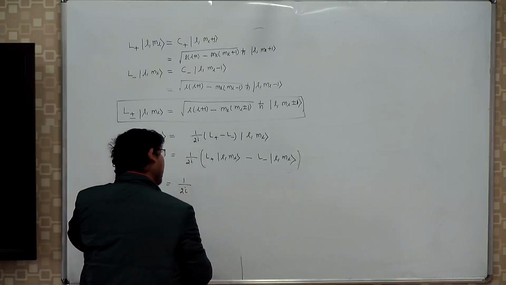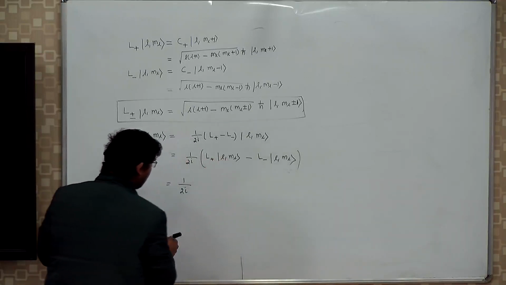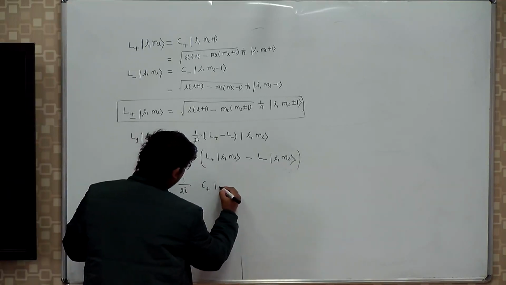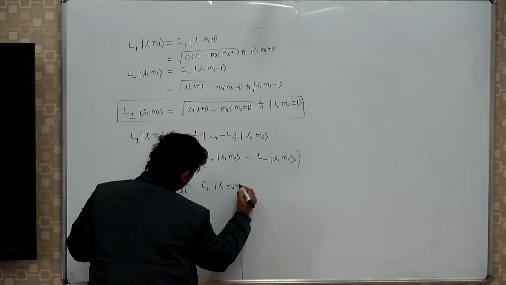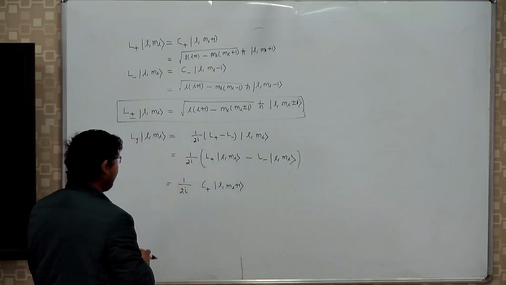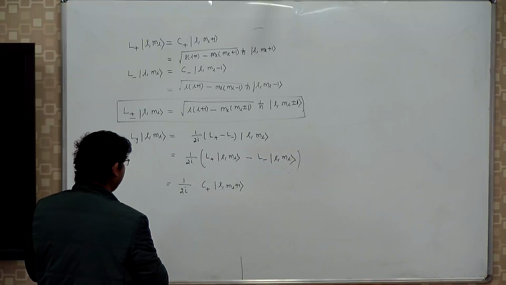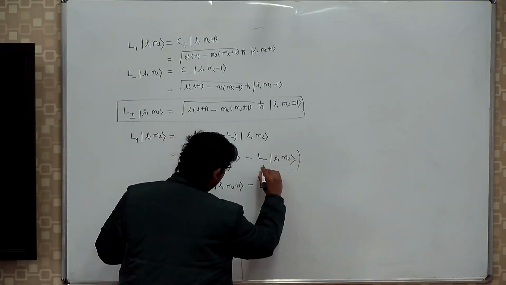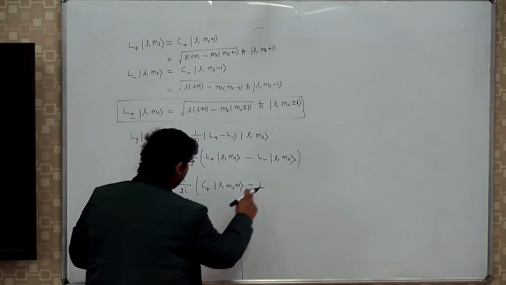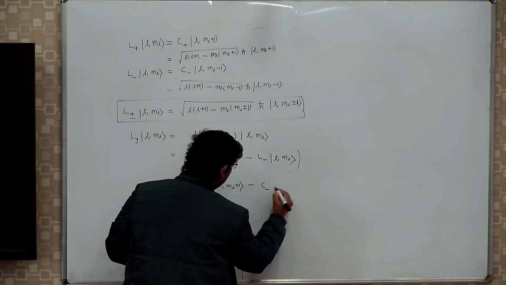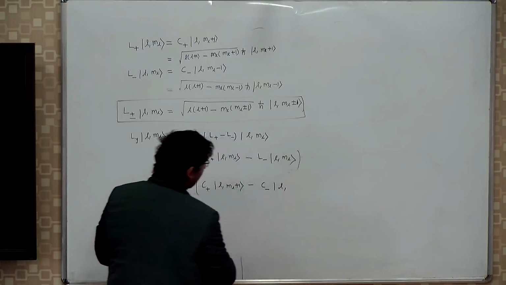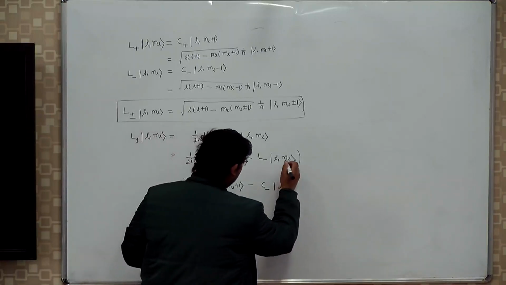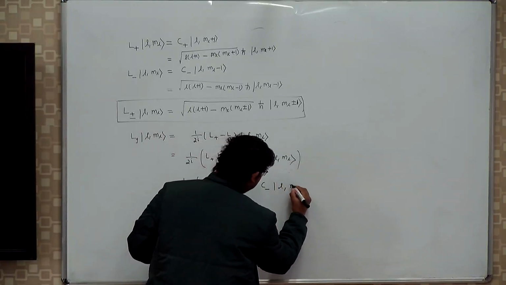As we know, when L+ acts on this state vector, we get the constant C+ with L, mL plus 1 quantum level, then minus L- acts on L, mL, we get the constant C- with the quantum number mL one lower.